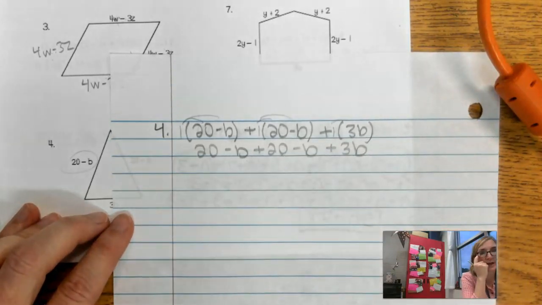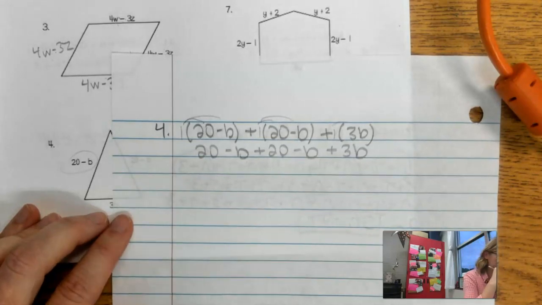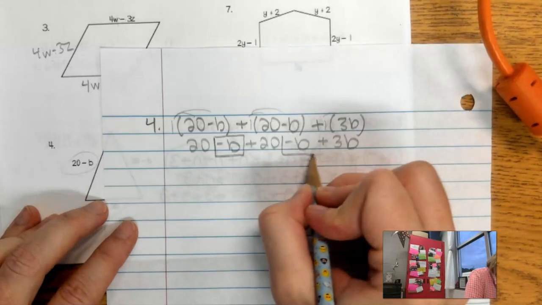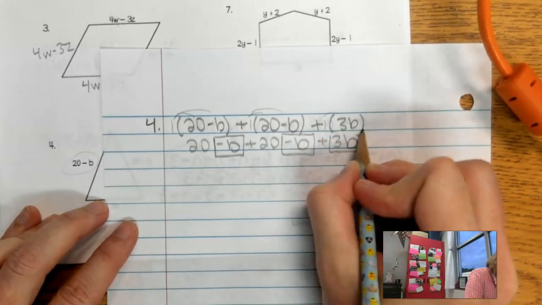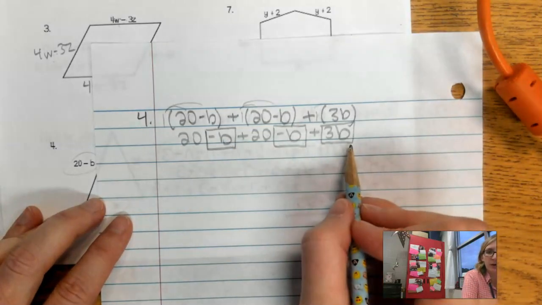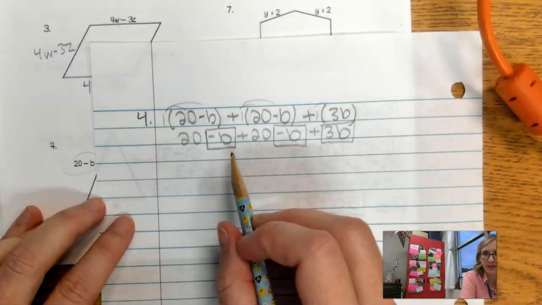All right, I want you to take a second and identify all of the like terms. All right, I identified all of these with the variable b raised to the same exponent of 1. I know it's a 1 because I can't see it.